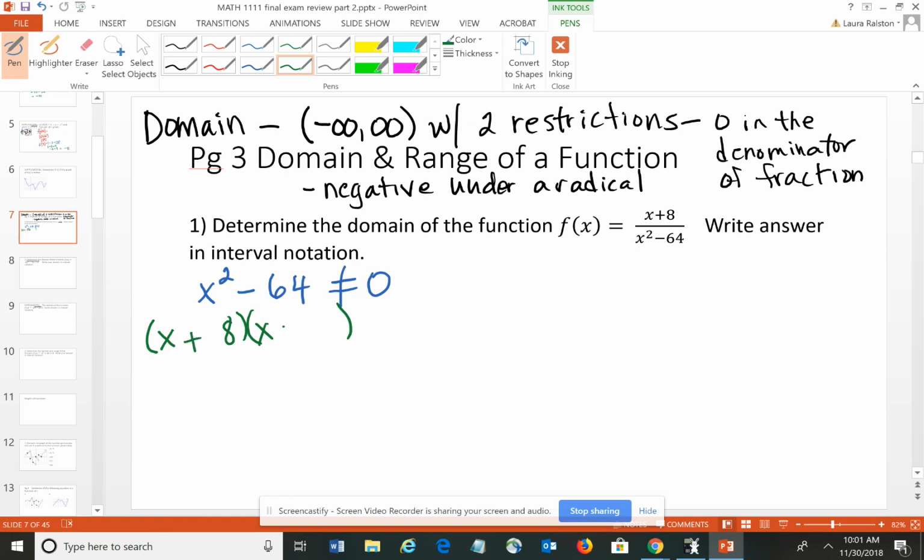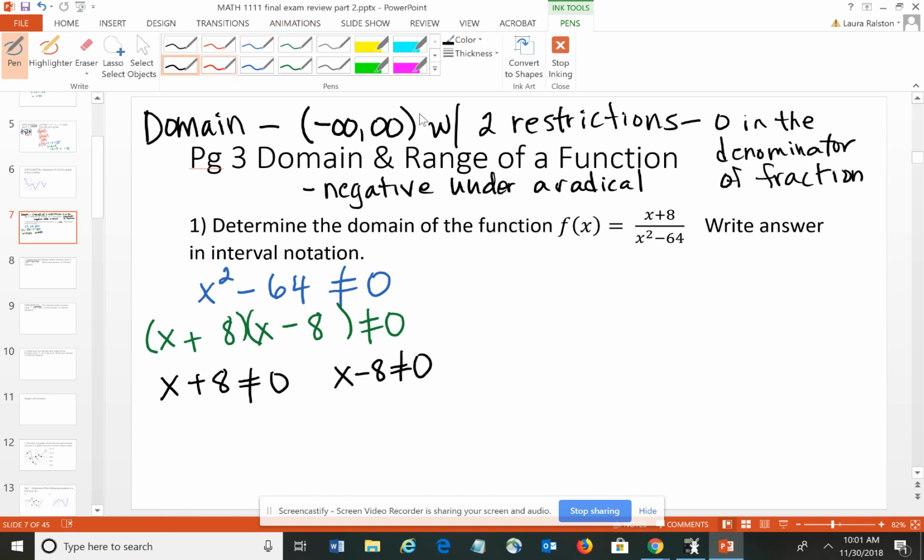x plus 8, x minus 8, and neither of those pieces can be 0. So I'm going to say that x plus 8 cannot be 0, nor can x minus 8 be 0.